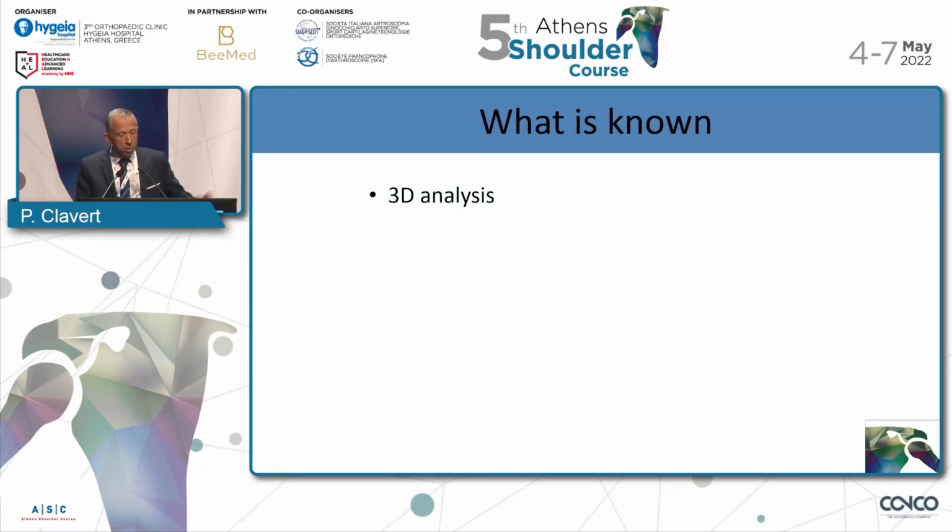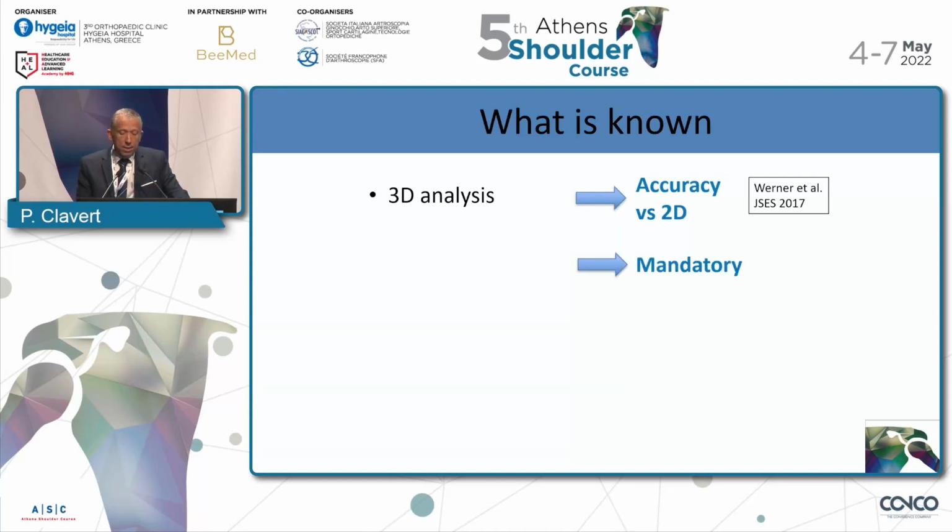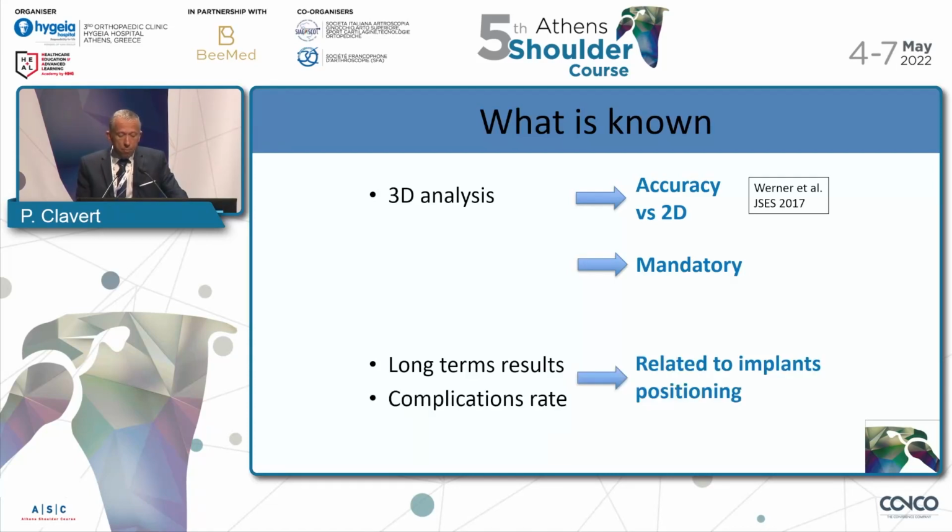What is already known, as has been said largely just before, is that 3D analysis is much more accurate than 2D analysis of the different elements. It's now known that this 3D analysis and planning is mandatory before doing the surgery. But what about the long-term results and the complication rates? We also know that it's related mainly to the implant positioning.